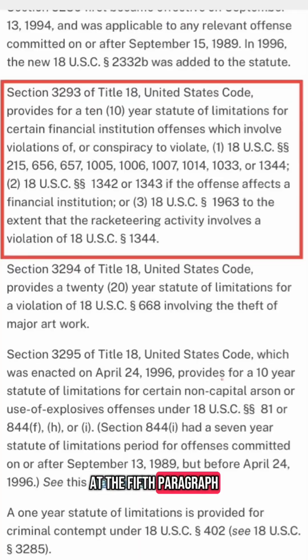Now, when looking at the 5th paragraph, it talks about financial institutions. And it reads, Section 3293 of Title 18 United States Code provides for a 10-year statute of limitations for certain financial institution offenses which involve violation of or conspiracy to violate Title 18 U.S.C. Sections 215, 656, 657, 1005, 1006, 1007, 1014, 1033, 1344, and 1342 or 1343.